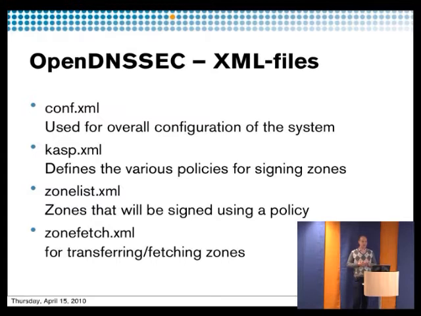You have your zone list, where you can find the zones that you're going to sign with OpenDNSSEC. And the zone list also points to what policy to be used for this particular zone. And if you want to fetch your zone using AXFR, then you just configure the zonefetch.xml, and then OpenDNSSEC will fetch this zone for you and place it in the correct location where OpenDNSSEC can find it.